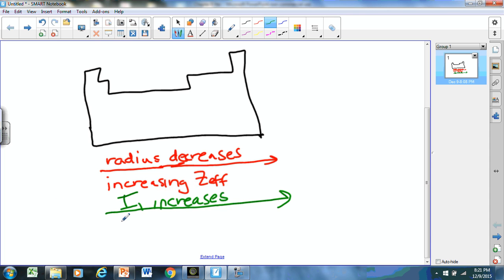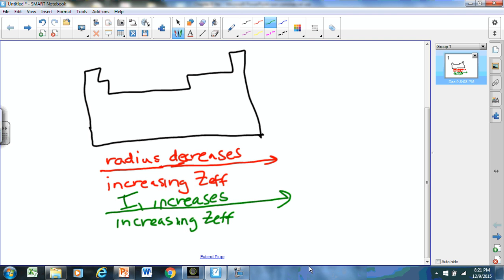When you go from left to right, you have increasing Zeff, always. When you have increasing Zeff, you have stronger Coulombic attraction. When you have stronger Coulombic attraction, the valence electrons are held more tightly. Now here's the new thing. If they're held more tightly, it's harder to rip one away.